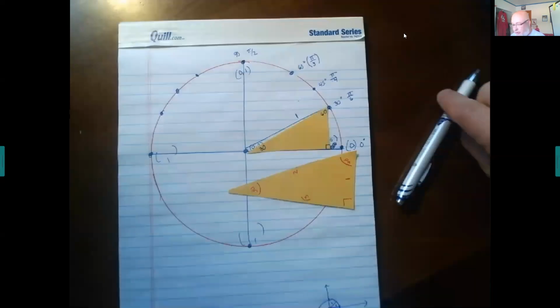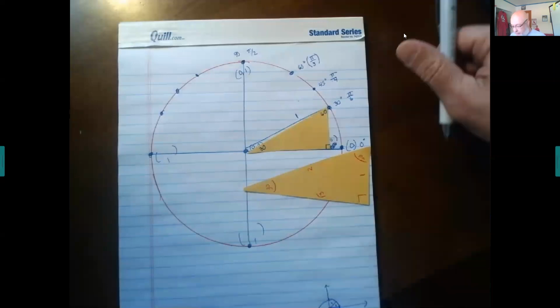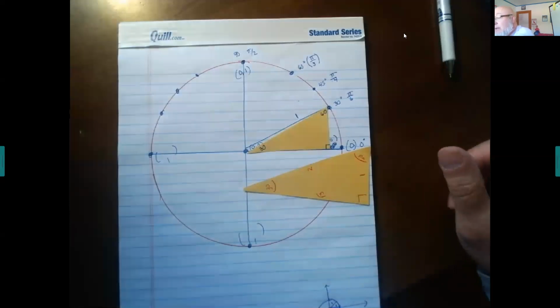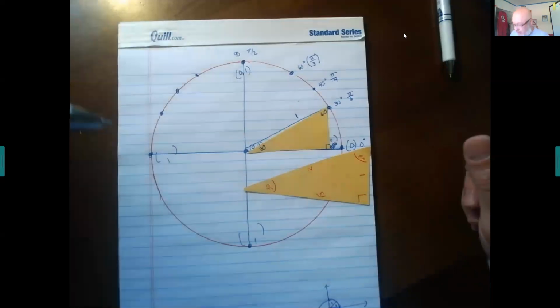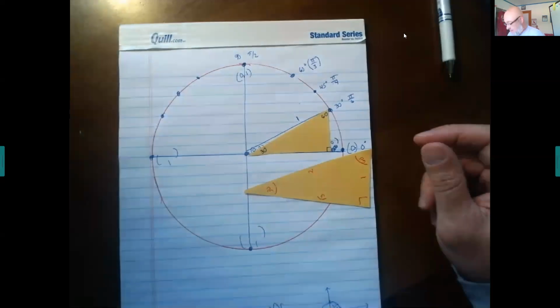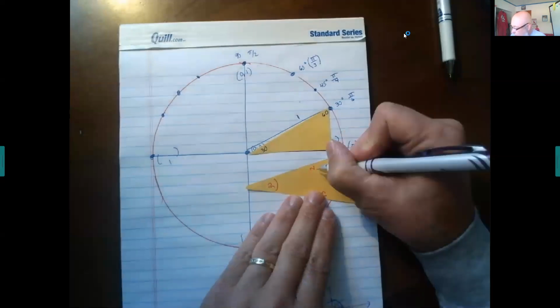Well, if the bigger triangle had a 2 here, we need a 1 to be right here. I'm going to change colors to green. We want, let's do purple, this side right here to be 1 only.